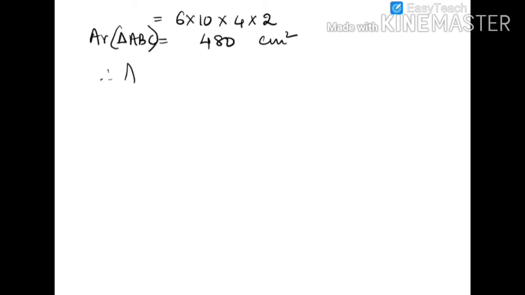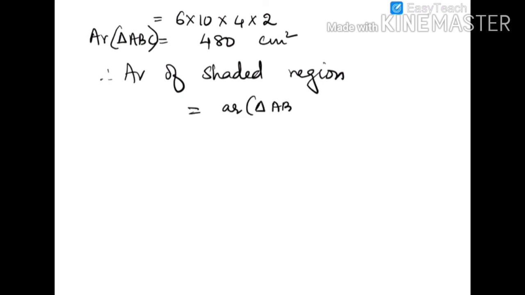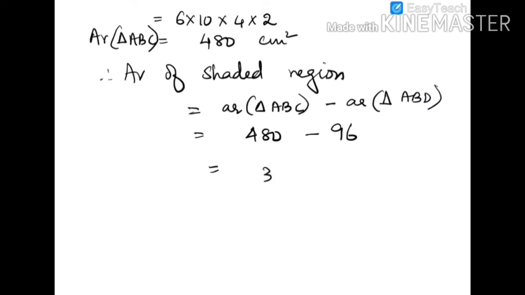So therefore area of shaded region will be equal to area of triangle ABC minus area of triangle ABD. That is 480 minus 96, that is equal to 384 centimeters square.